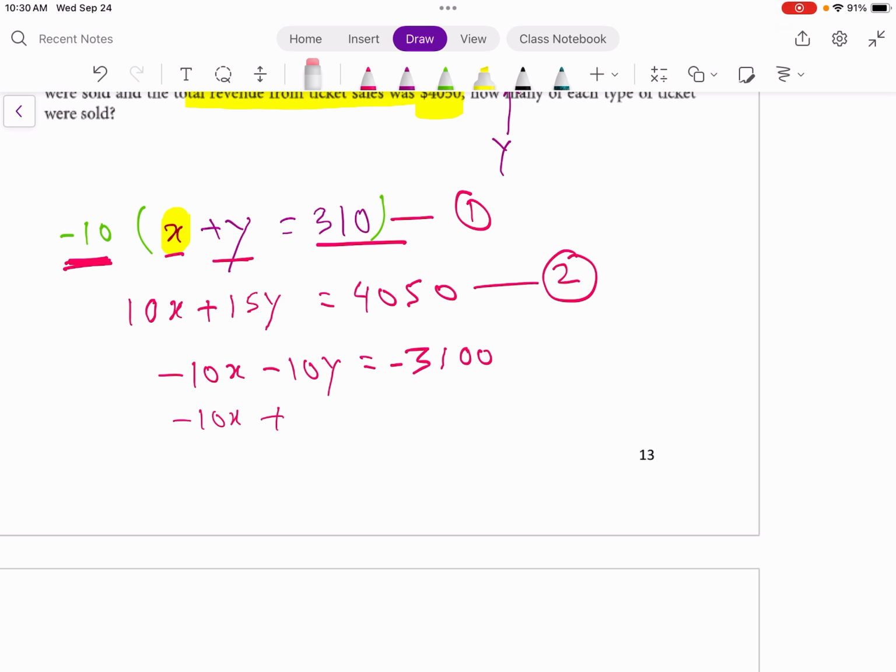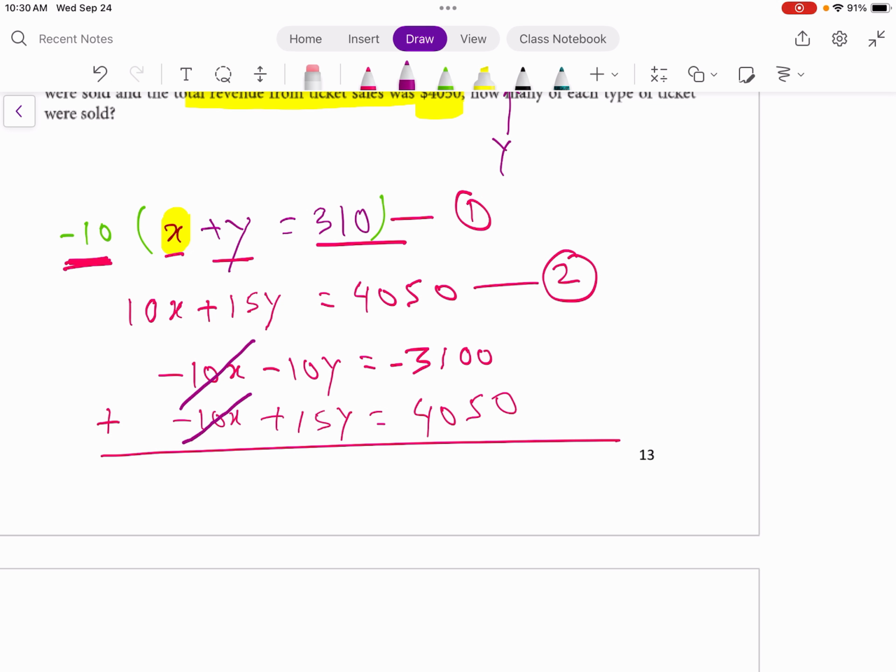Now we add this with our second equation. After adding, our x variable is eliminated. So we have negative 10y plus 15y, that is 5y, equals, what is this? 950.